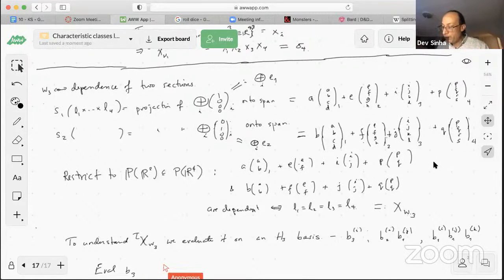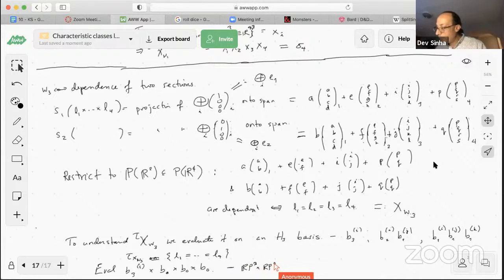Let's just do a concrete case. And then let's be clear. So evaluate this class, which is represented by all four lines being the same on B3 on the ith factor across B0 across B0 across B0. That's an RP3 cross RP0 cross RP0 cross RP0.